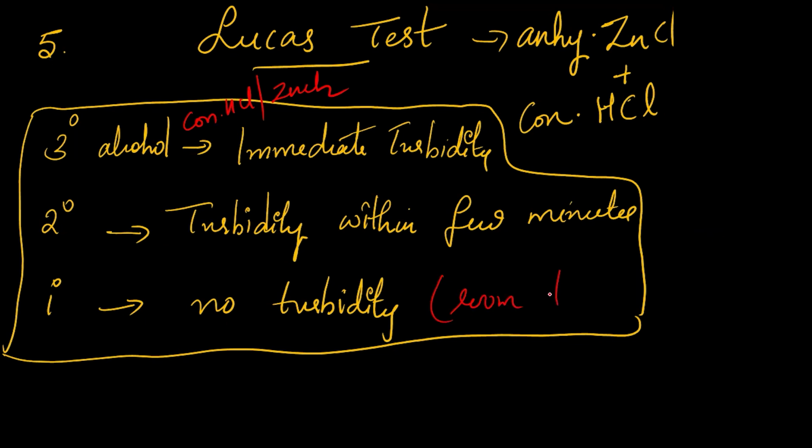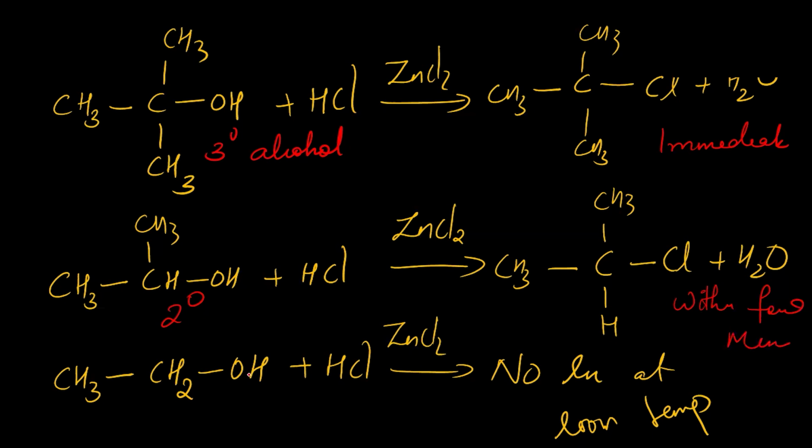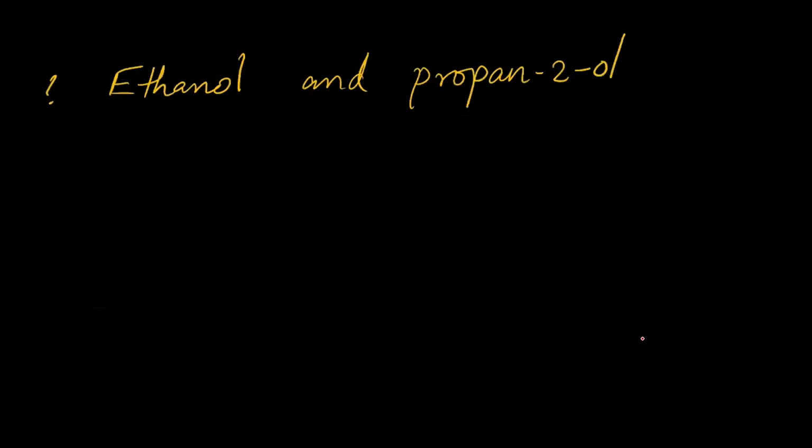Let's analyze the reactions here. This is a tertiary alcohol reacting with Lucas reagent, forming the product, that is, immediate turbidity. Secondary gives turbidity within a few minutes. And in the case of a primary alcohol, there is no reaction at room temperature.